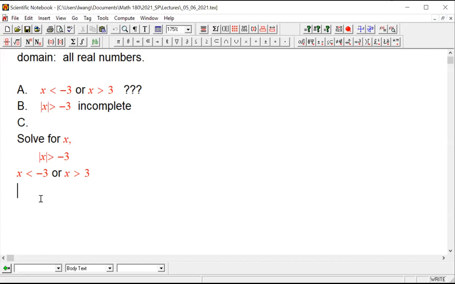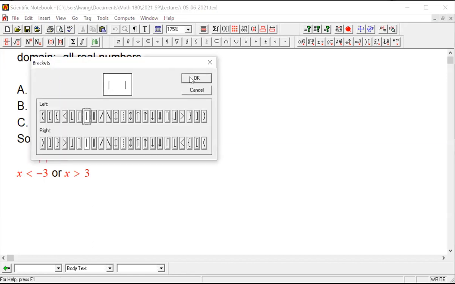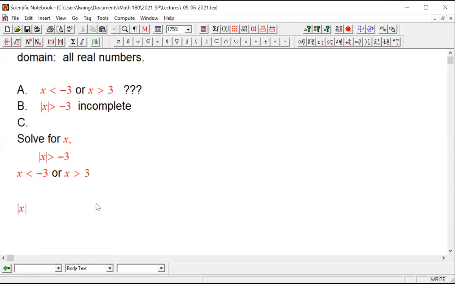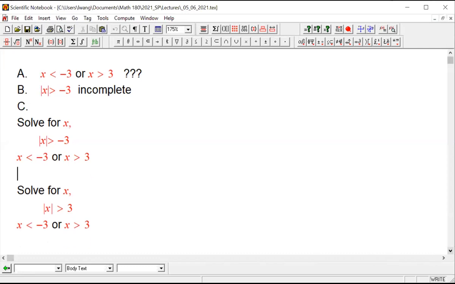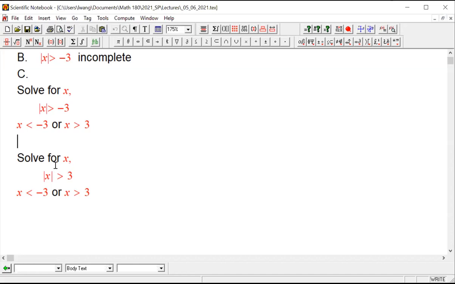The source of it, correct me if I'm not right, is that if you have the absolute value of x larger than positive 3, then you solve for x and your answer will be right.